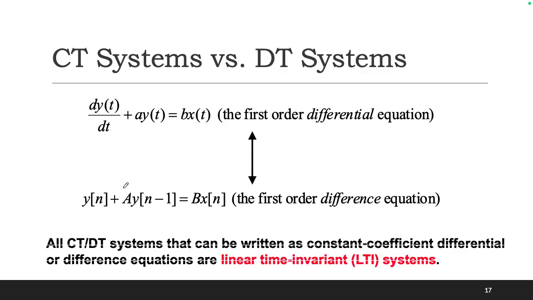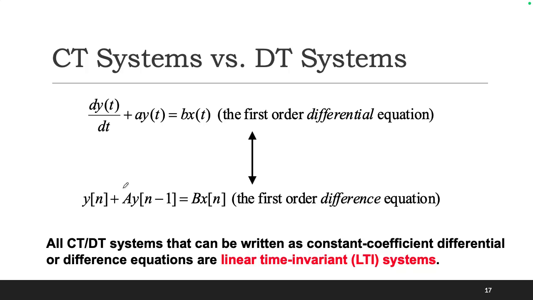Yeah, and we have this conclusion. All CT and DT systems that can be written as constant coefficient differential or difference equations are linear time invariant, LTI, systems. Actually, if you remember our course map, the LTI system is chapter 2's name.